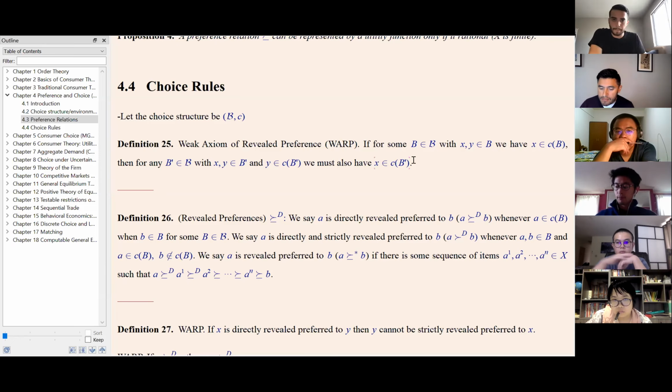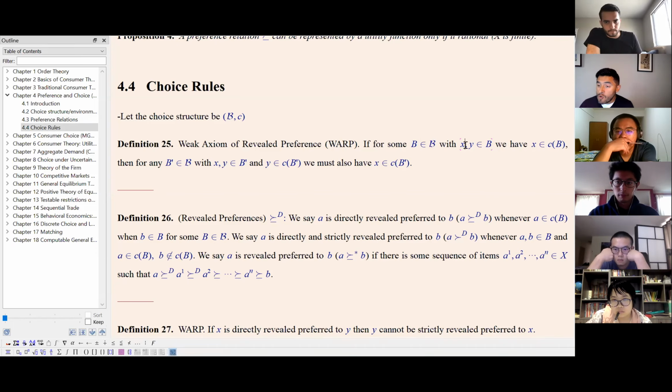So if for some menu in the collection of menus, you have two items, X and Y, that belong to the menu B, and you observe X inside the choices out of B, then for any other menu in the observed data, such that again X and Y are there, and Y now is also picked in the second menu, then this implies that X also must be in the second menu.